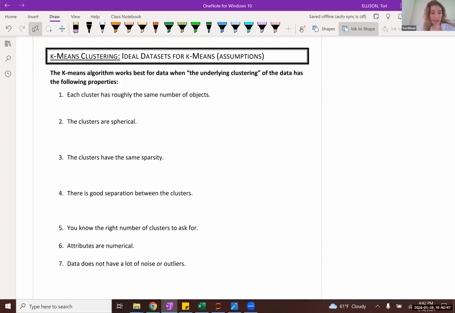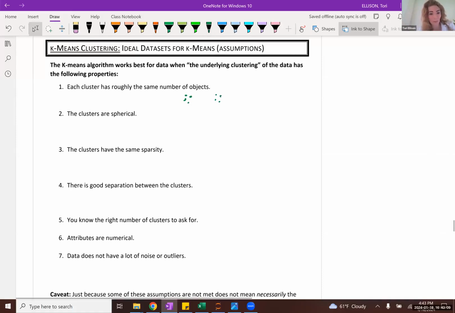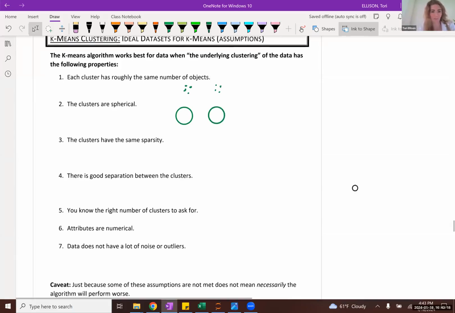So it's more likely for the algorithm to identify the actual underlying clusters that exist in the data set. So here are the ideal properties of a data set that the k-means clustering algorithm is designed to work best for. Number 1, each cluster that inherently exists in the data set should have roughly the same number of observations in it. 2, each of the shapes of the clusters should be roughly spherical.